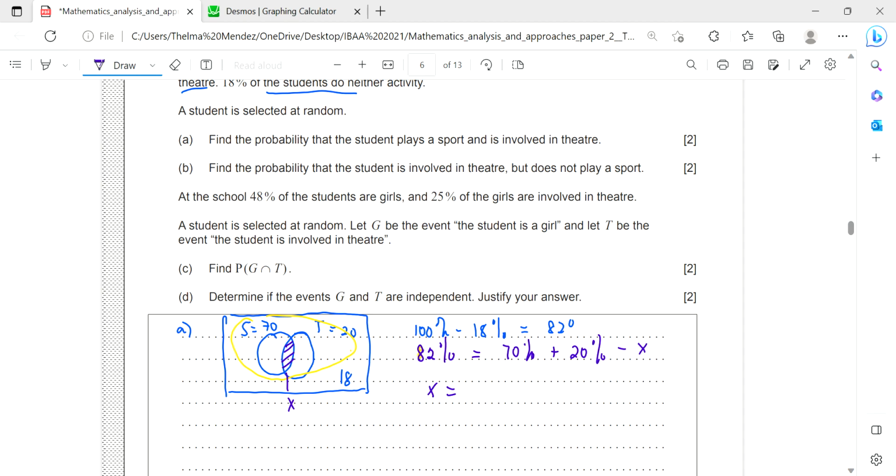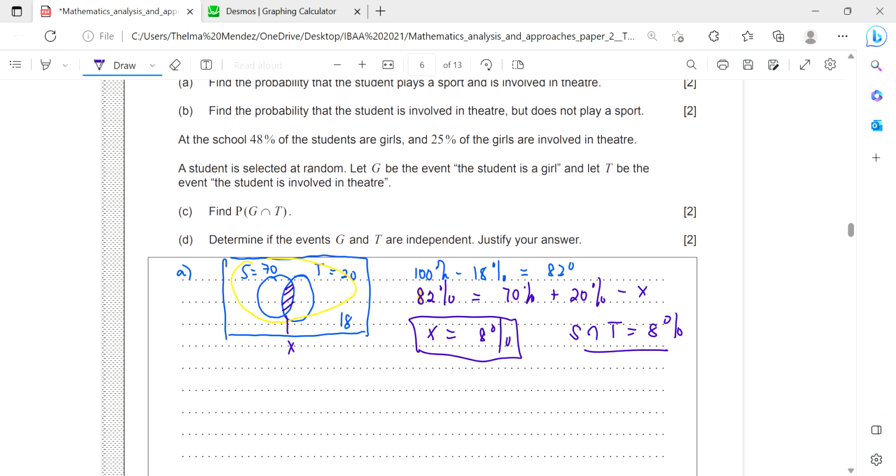That would be equal to 8%. It's 90 minus 82%. So 8%, this is for letter A. We can see the intersection. You can also label this as the intersection P equals 8%.